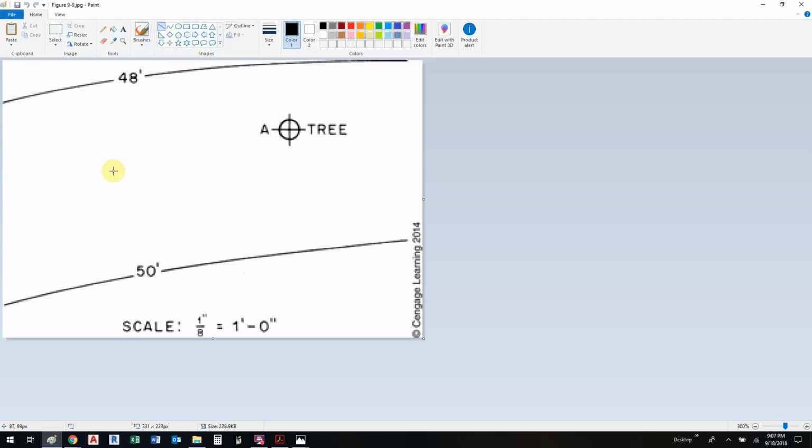If I go somewhere right in between, that's a terrible line. Let's try that again. If I just draw a line somewhere in between these two, you'll find that this would be 49 here. Let's try that again. 49. I'm using my mouse here, sorry.